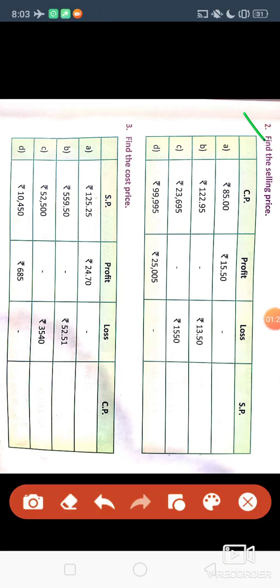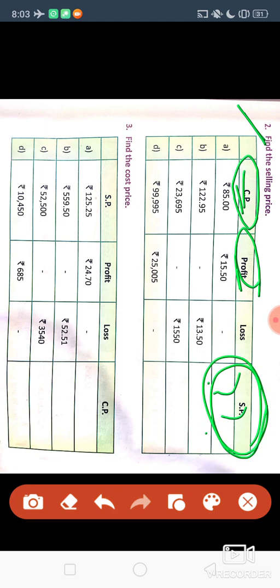So question number 2, what is given? Find the selling price. Selling price you have to find. Look here, cost price is given and profit is given, and you have to find selling price. So what was the formula for selling price?